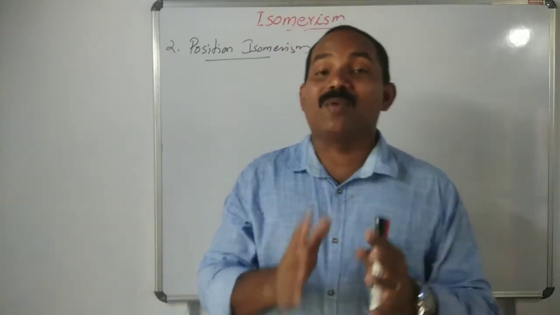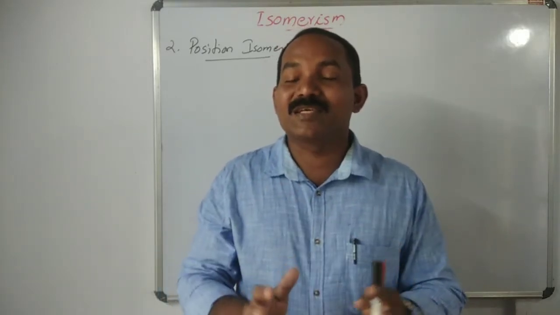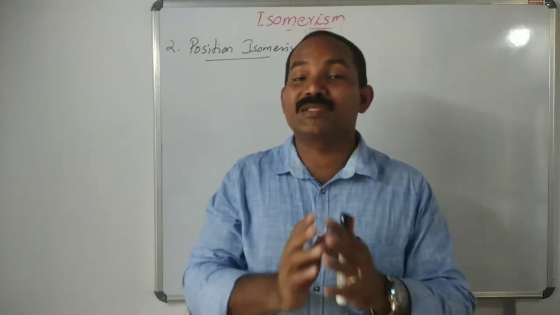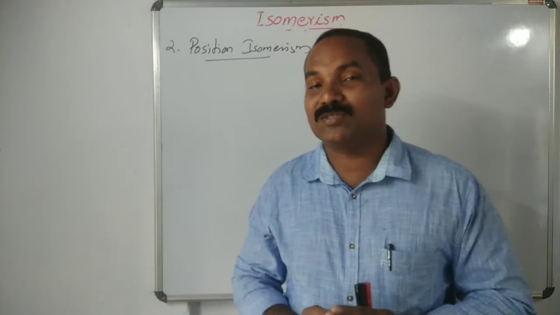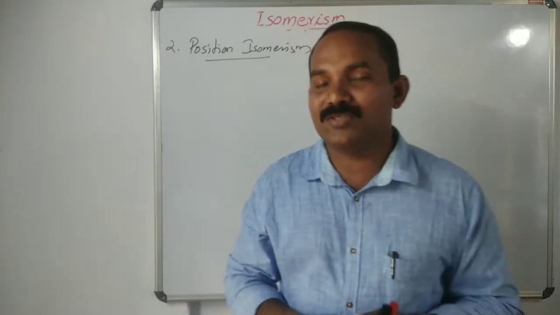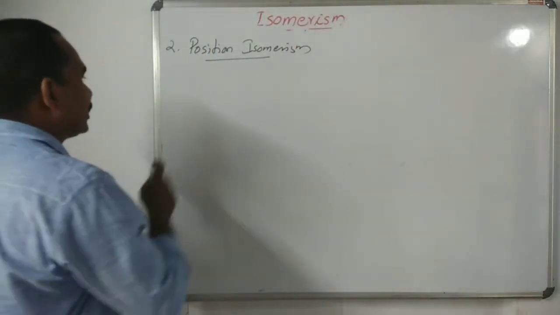Once again, compounds have same molecular formula but different position of functional group or substituent or multiple bond are called position isomers, and the phenomenon is known as position isomerism. Okay, let's take the example.